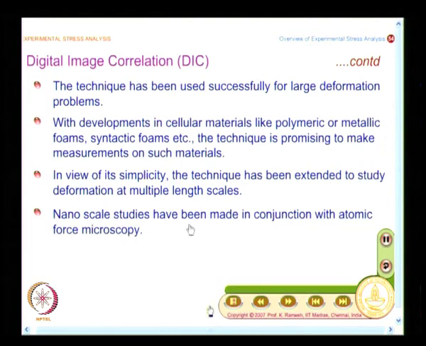So, nanoscale studies have been made in conjunction with atomic force microscopy, where you use digital image correlation if you want to make measurements, and you are able to do even nanoscale studies. Holography is also applied for nanoscale studies. So, the advantage here is, once you have the software developed for image correlation, by varying the size of the speckle and your optical arrangement, it is possible to go to smaller and smaller scales or even larger scales.